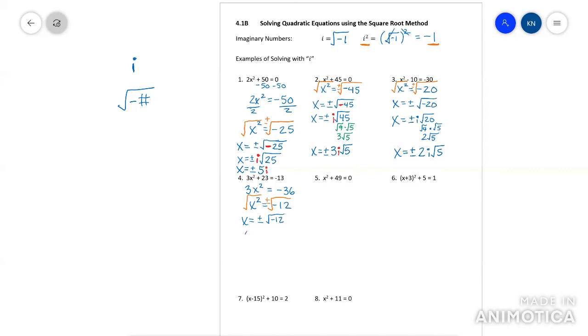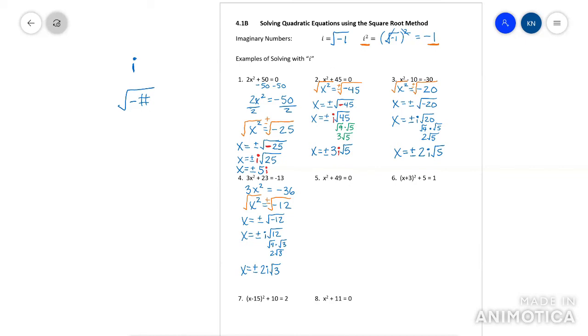Take the i out and call it positive 12 in the root. Break down root 12, which is root 4 times root 3, which is 2 root 3. So my answer here is x equals plus minus 2i root 3.